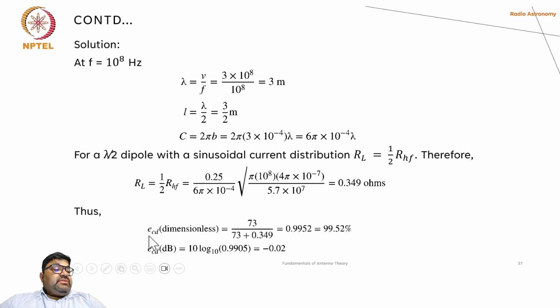So the dielectric efficiency is given by 73 divided by 73 plus 0.349, which is about 99.52% efficient, and dB loss is given by minus 0.02 dB.